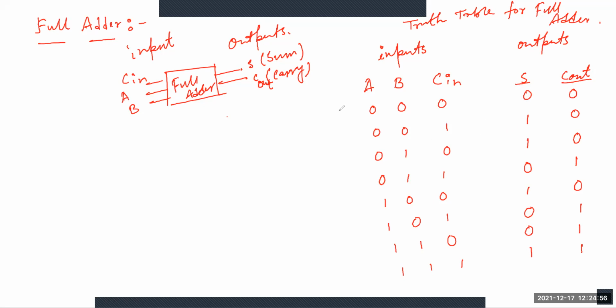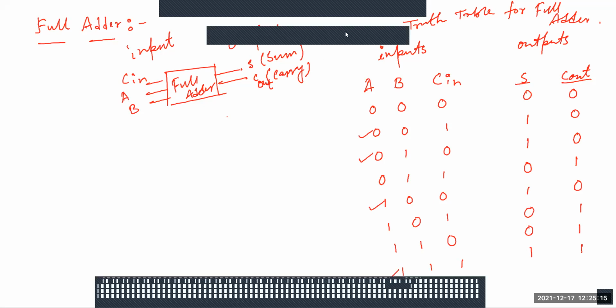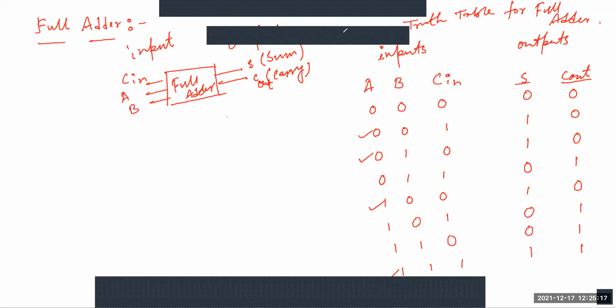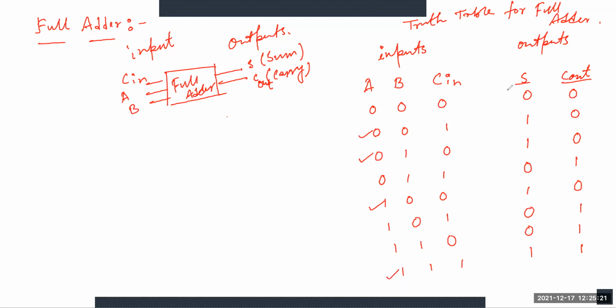So we will consider that particular combination whenever the output of sum is 1. So this is one combination, this is another, this is one, and the last one. So for these 4 input combinations we are getting sum output equals to 1.